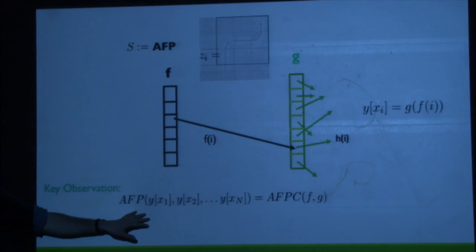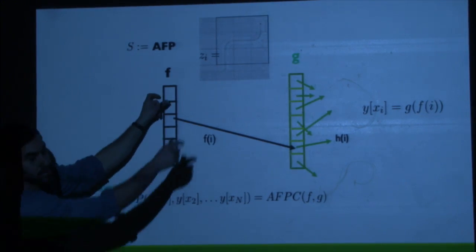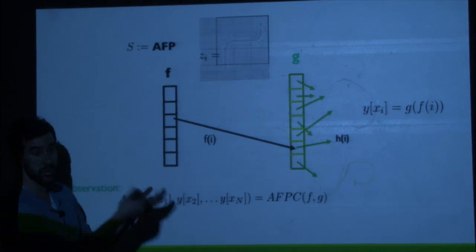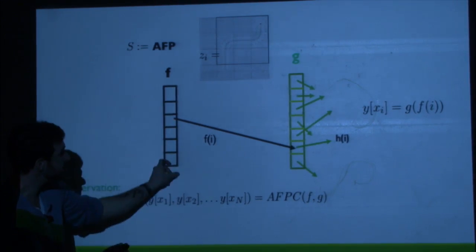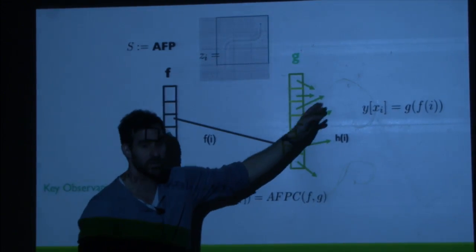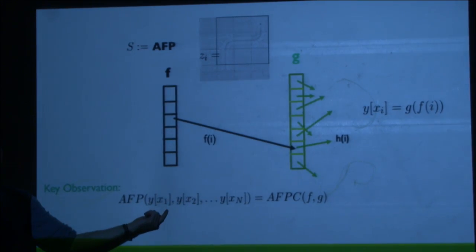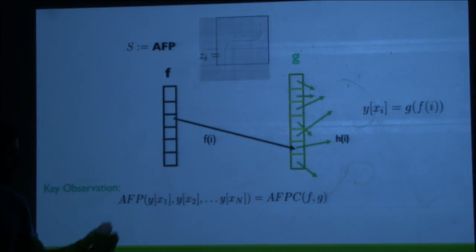I'm claiming something very simple. If you view Alice and Bob's inputs as the truth tables of functions, this one maps the n-dimensional cube to the m-dimensional cube, and this one maps the m-dimensional cube to the n-dimensional cube. The index gadget encodes exactly the truth table of the composed function.